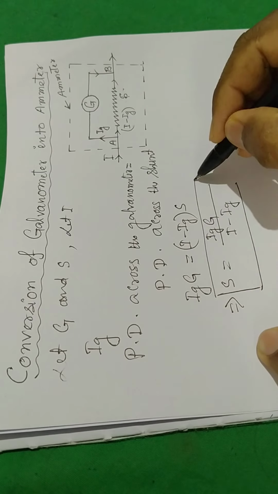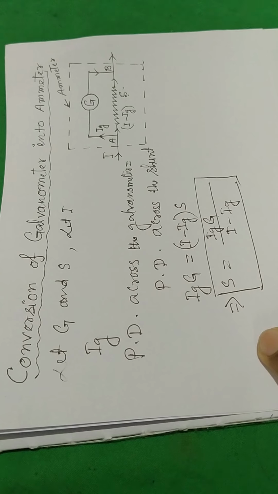This is the value of shunt which is connected in parallel to the galvanometer to convert the galvanometer into an ammeter.